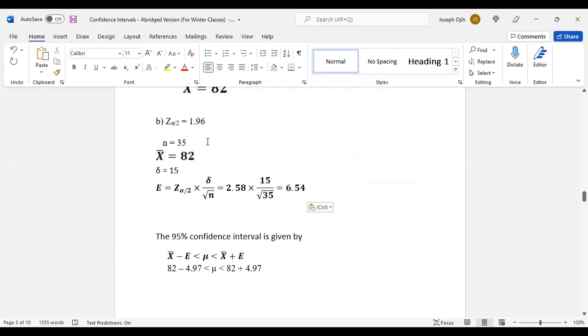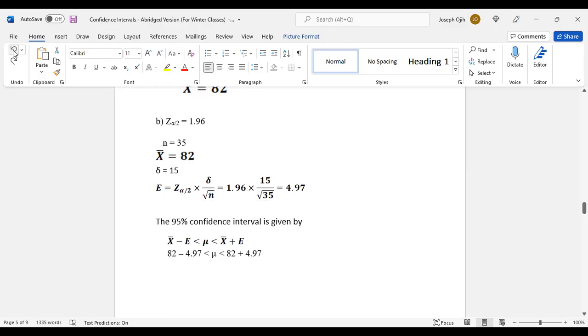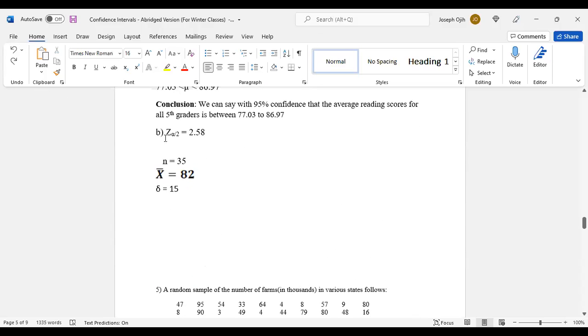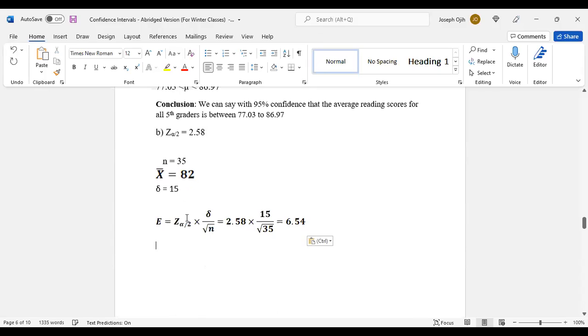Oh, I put it in the wrong place. This is where I'm supposed to put it, this is part B. So this is the error for part B, 6.54. Now, with this, we can get the 99% confidence interval.